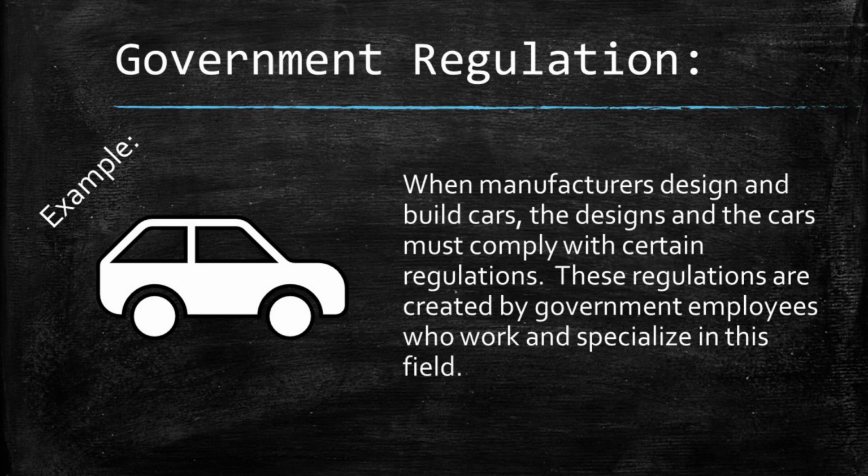The Environmental Protection Agency says certain standards must be met. When we are going to the grocery store to get food, the food is subject to inspection and approval by the United States Department of Agriculture. They have certain rules and standards that must be met.